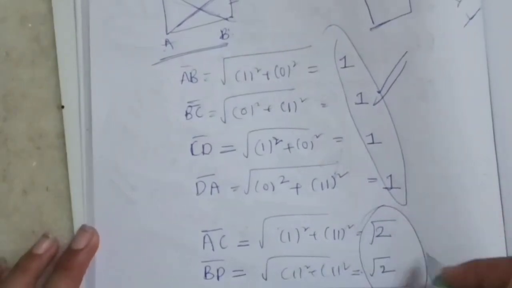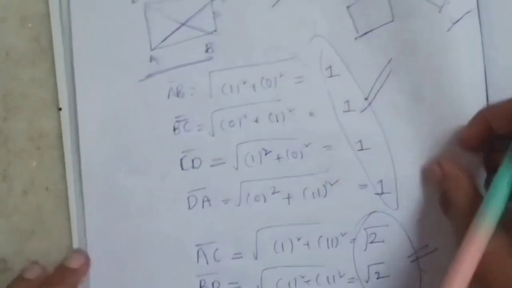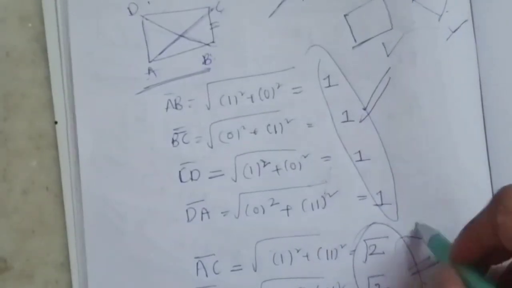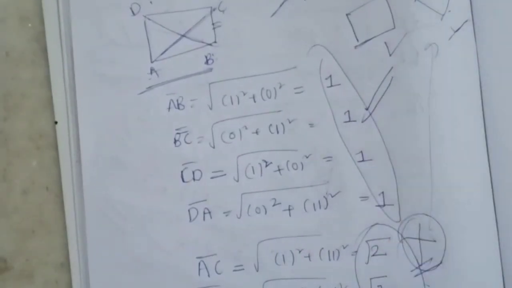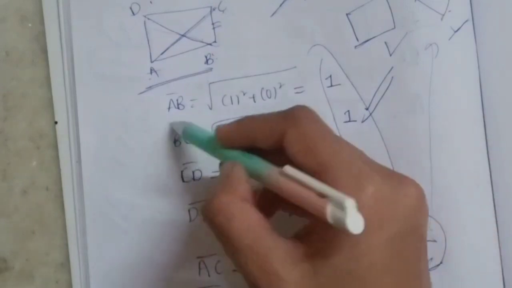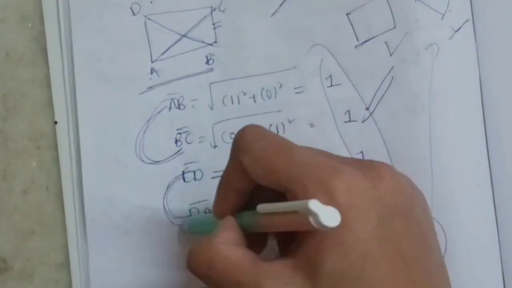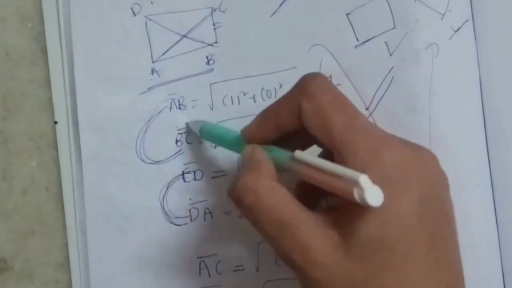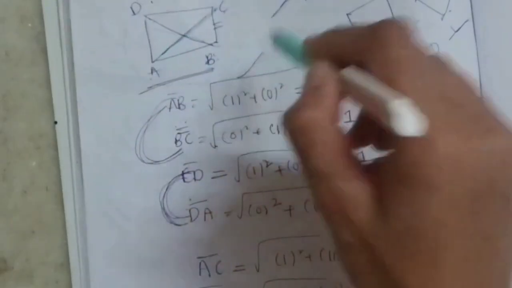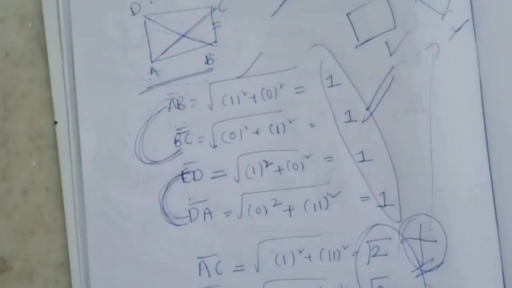So these diagonal lengths are also equal. So now we can say it is a square. If the diagonal lengths are not equal, then it could be a rhombus. If only pairs of opposite sides are equal, then it could be a rectangle. So these are the 5 models, and this is the most important chapter.